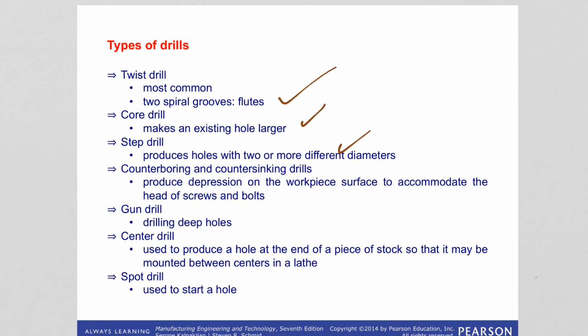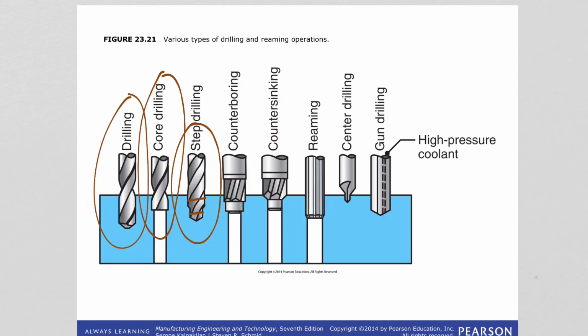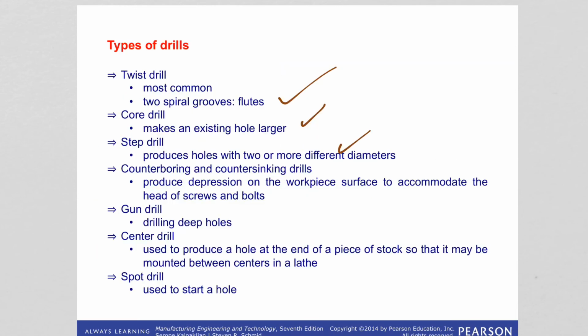And then we have counter boring and counter sinking drills. These produce a depression on the workpiece surface to accommodate the head of screws and bolts. Here. And there are gun drills. These are for drilling deep holes, and it requires a special drill as shown in this image.